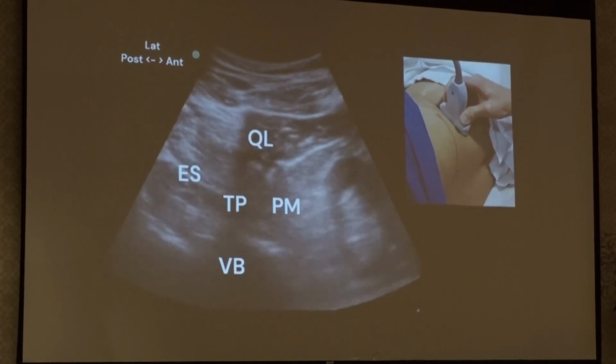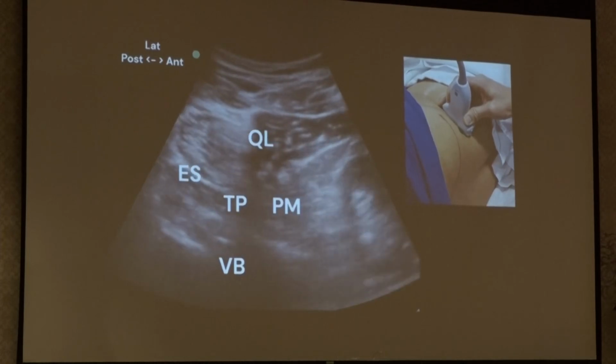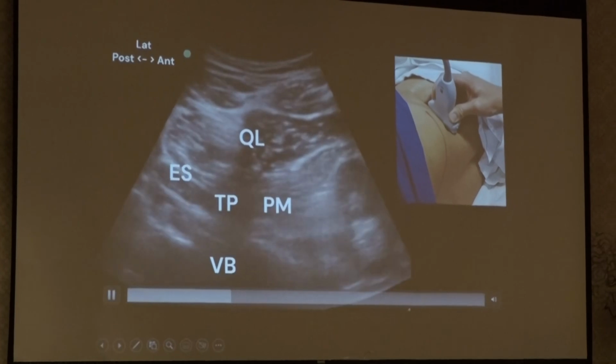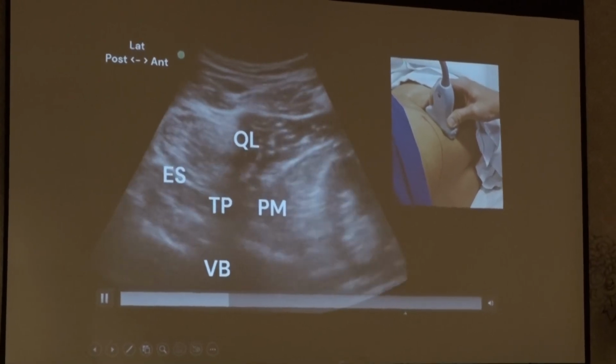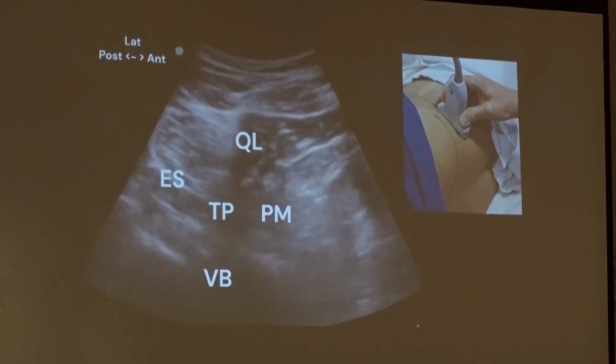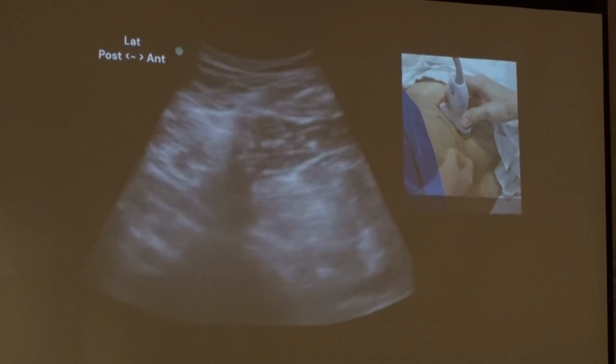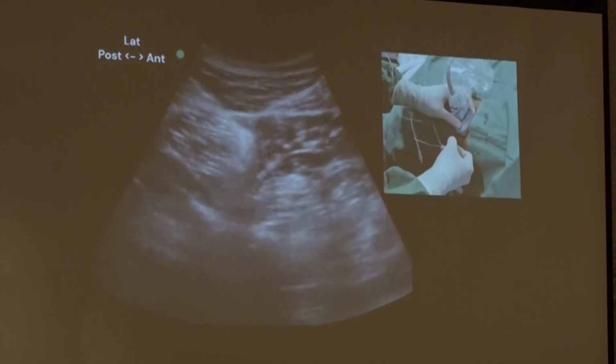Next we will advance the needle through the quadratus lumborum muscle to place the tip between the quadratus lumborum muscle and the psoas muscle. Next is the video of the block being performed.